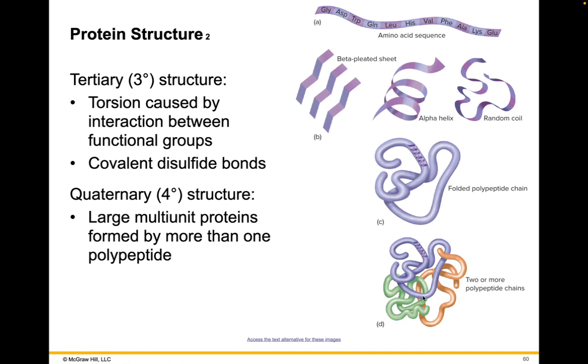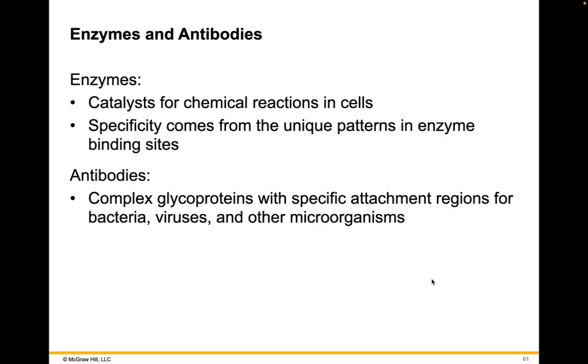So we can just change one or two things and have a totally different shaped protein, which allows us to have thousands upon thousands of different shapes, and how enzymes can have unique patterns and their binding sites binding for specific substrates. As we've mentioned, antibodies are complex glycoproteins, and they are going to have specific attachment regions where they're looking for bacteria or viruses or other microorganisms, part of your immune response.